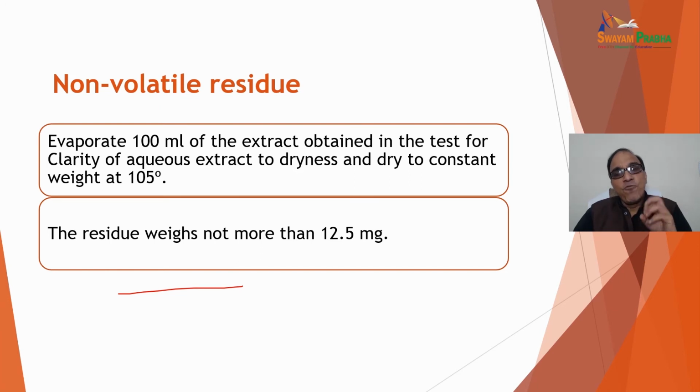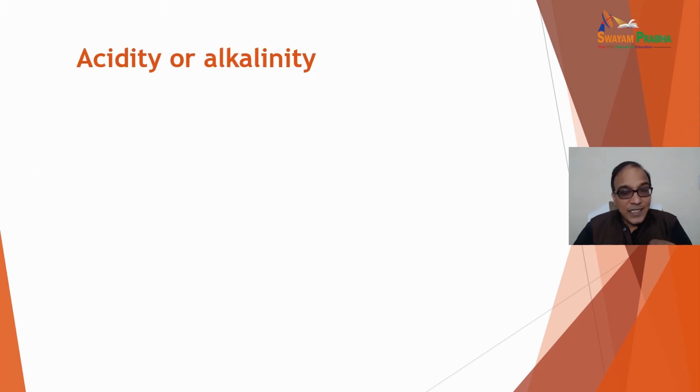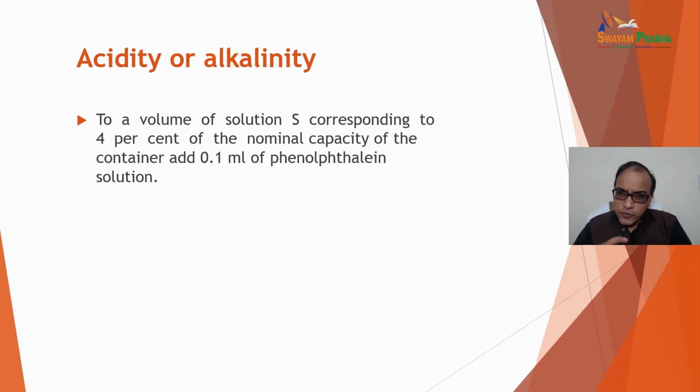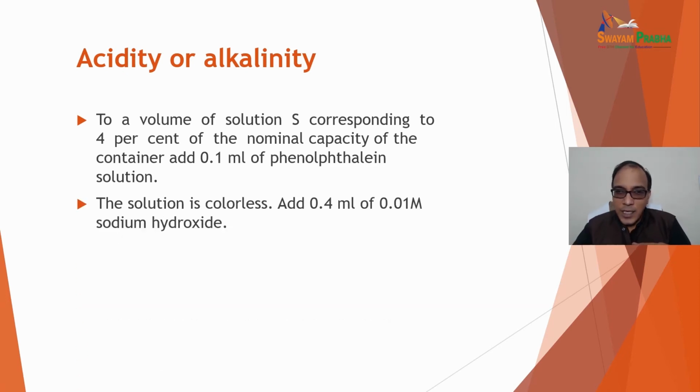Now we are moving to the next quality control parameter, that is acidity or alkalinity. To a volume of solution S corresponding to 4% of the nominal capacity of the container, add 0.1 ml of phenolphthalein solution. The solution is colorless.